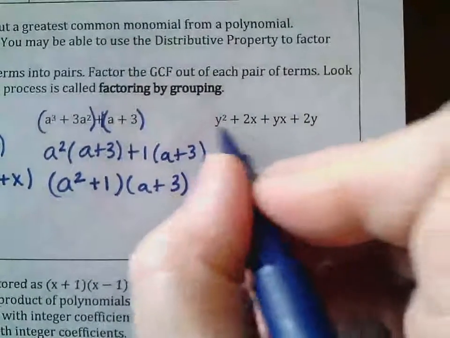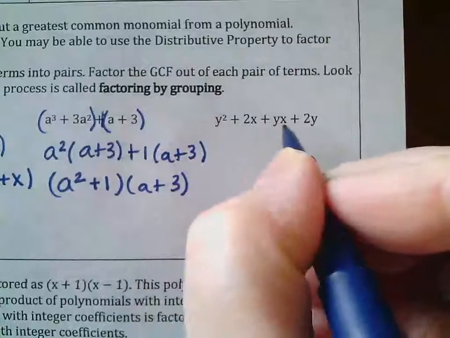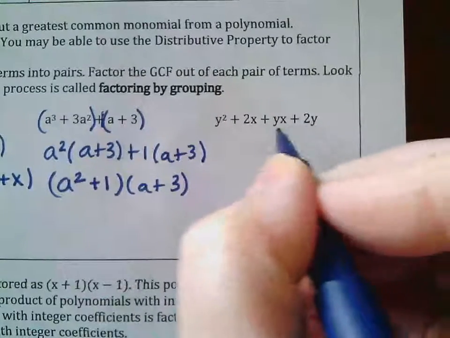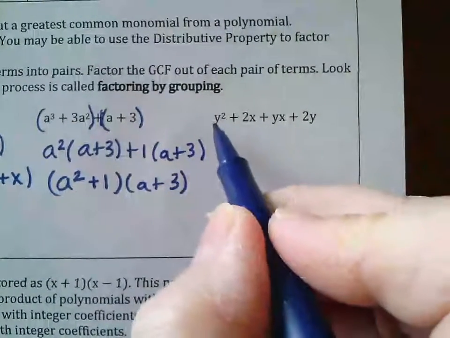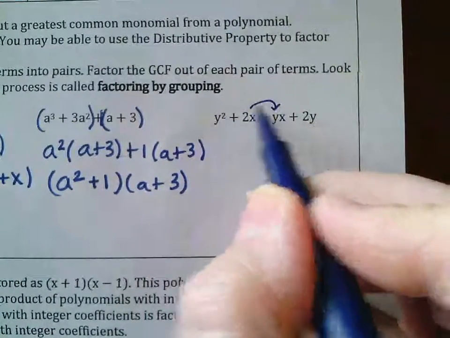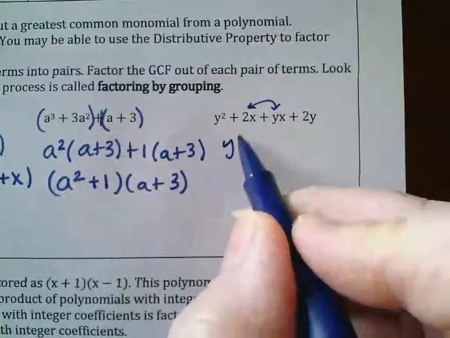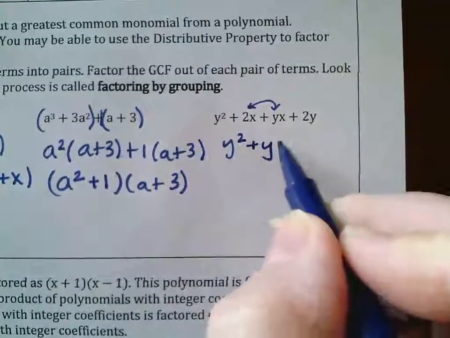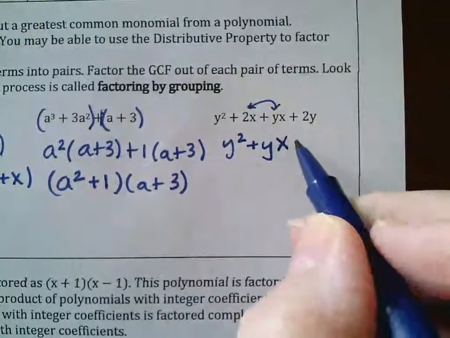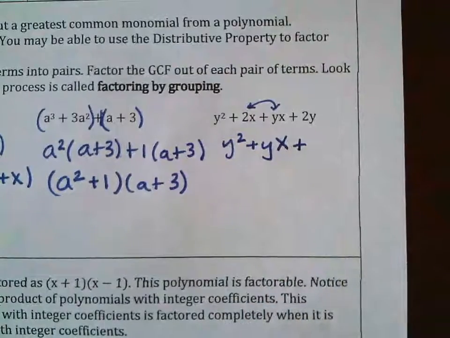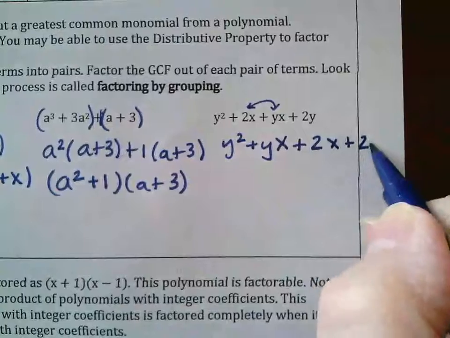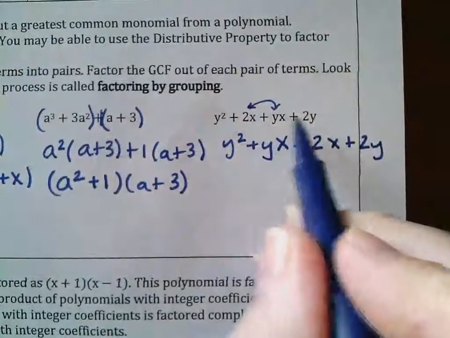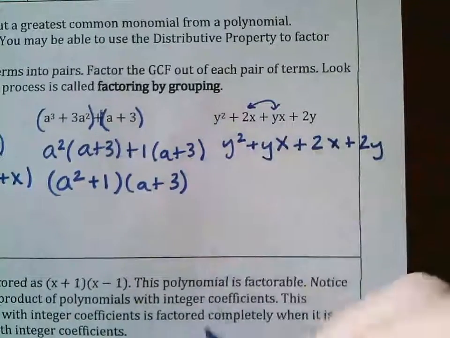So if you look at this, nothing in common here, right? Nothing in common here except for the y. So it's kind of deceiving in a way. So what you're looking at doing here is actually rearranging again so that you have something in common to pull out. And you can play with this. I've done this for a long time, but you can play with this and kind of figure out how do you go about grouping these things so that it makes sense to you. But notice these both had a 2, so that was kind of a gimme.